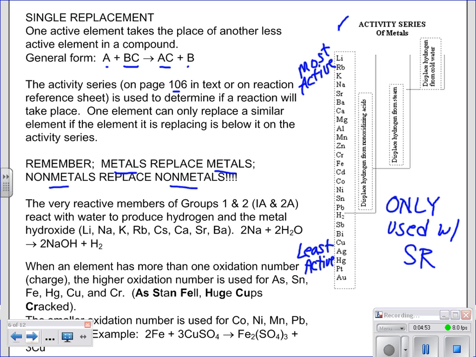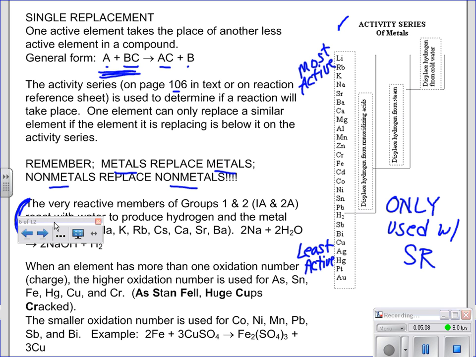And then, we can see how the activity series works. That's what this is referring to, is how that activity series works, but we'll talk about that with some examples. And then again, because you're given only the reactants and you're trying to predict the products, there's a chance that if you just saw Fe, if you just saw iron, you don't know what the charge of that iron is.